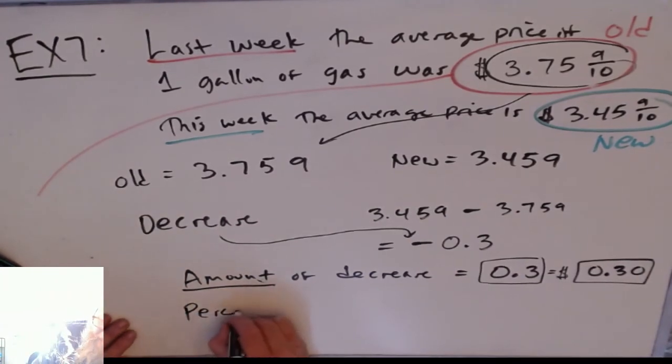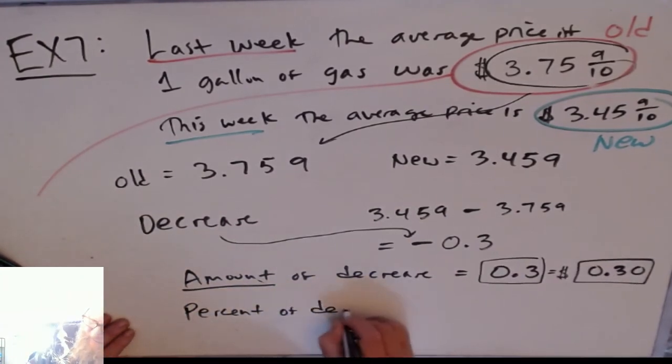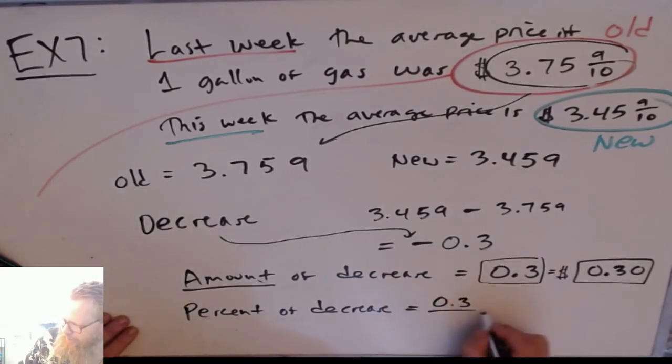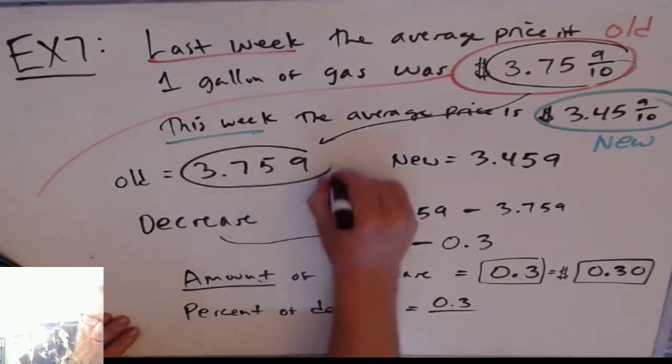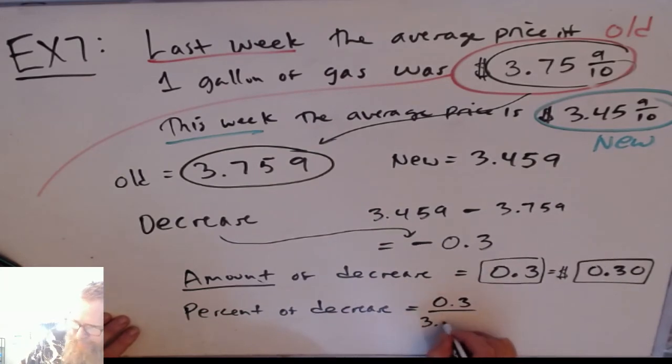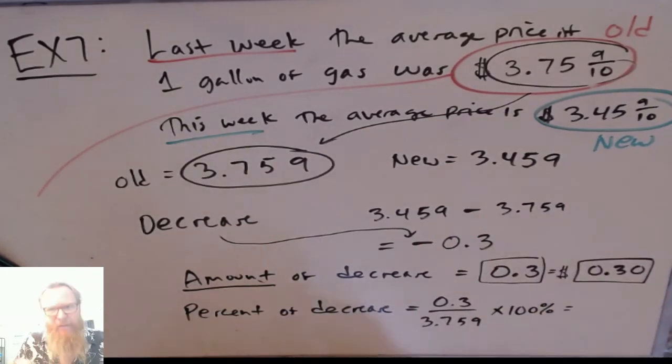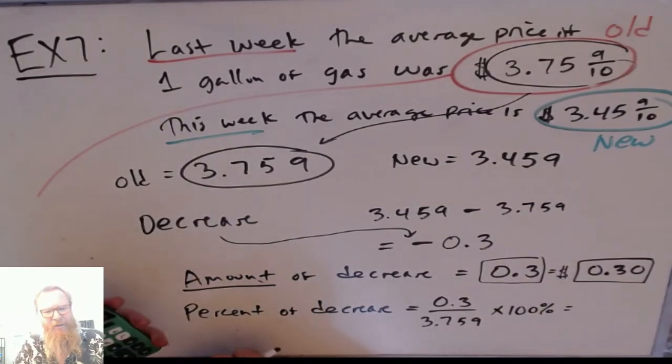The percent of decrease is 0.3 divided by the old times 100%. All right, you could do this all on your calculator.